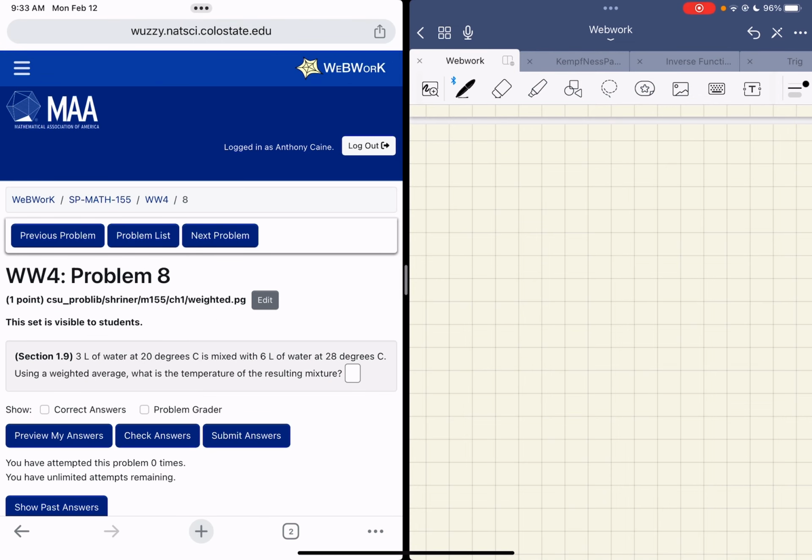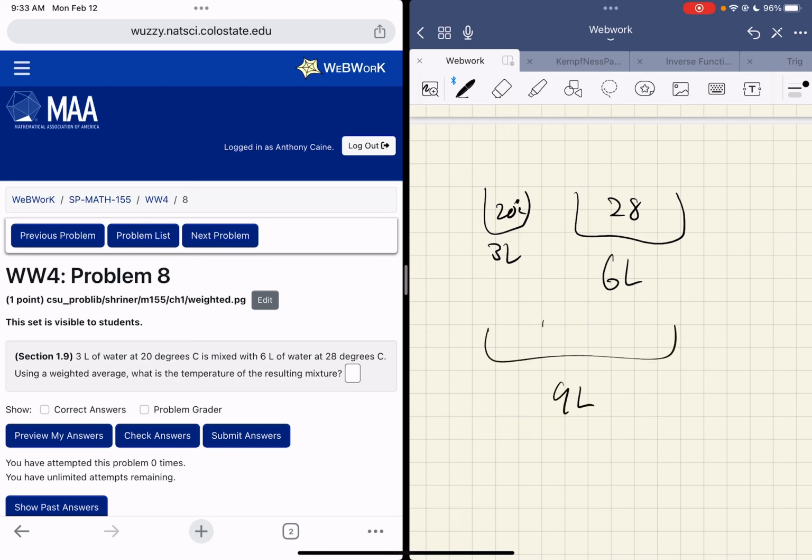So, all right, weighted averages. You got 3 liters of water at 20 degrees Celsius, and you got 6 liters of water at 28, and then you pour them together. Here's 9 liters of water, and this much of it was 20, and this much of it was 28. Okay, so then it equilibrates. And then we ask, what's the temperature? All right. Well, here's the deal. How much of the 9 liters was 20?